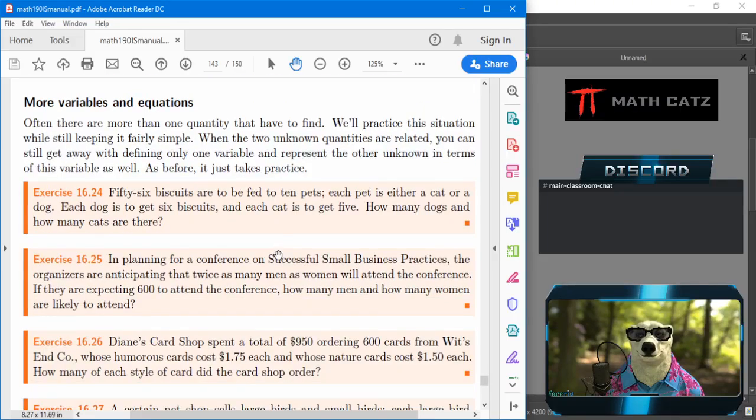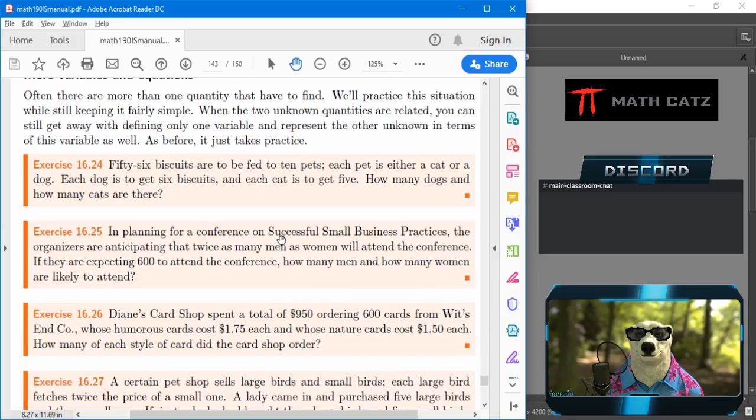Then we have some more variables and equations, which are just, how should I classify them? Just the next step, really, in terms of complexity. Yeah, not a big step, but a step with multiple quantities needing representation.